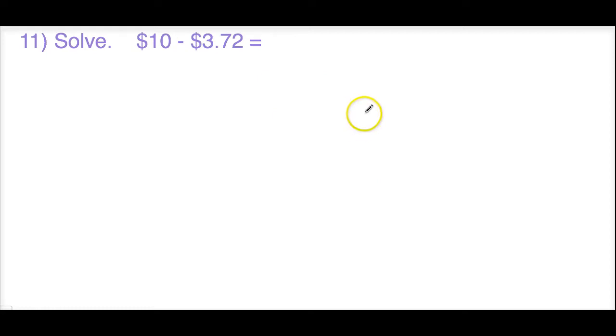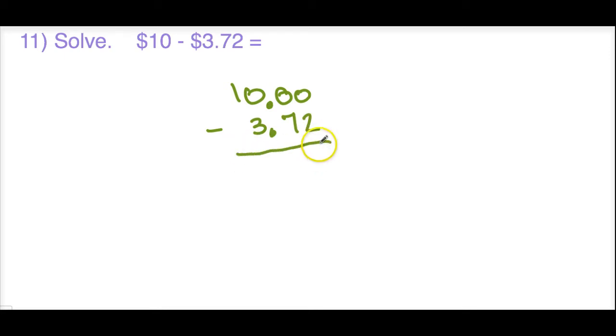All right, so don't let this one trick you. Whenever you see a whole number, especially dealing with money, you can add a decimal to the end and add zeros for the number that you need to subtract. So for this one, we need 2 because we have 2 in the hundredths place value. So I'm going to line up my decimals right here, and then I go through my subtraction process.